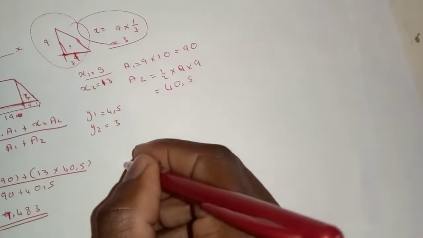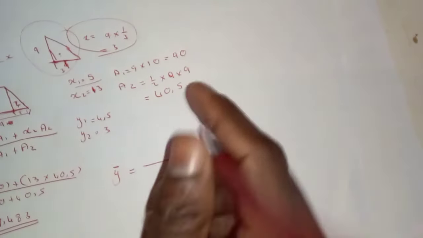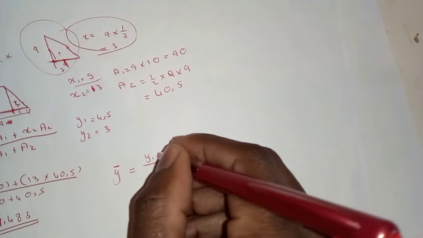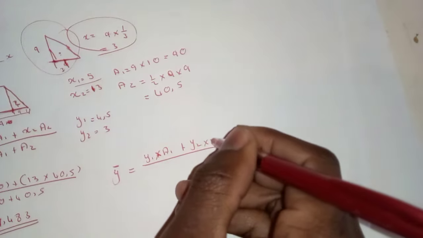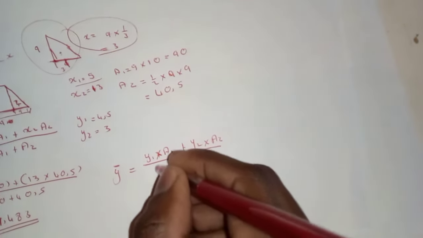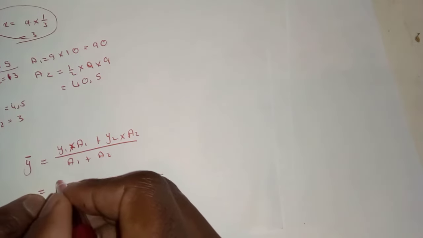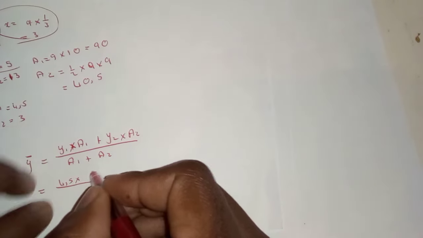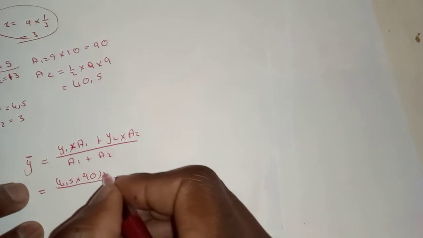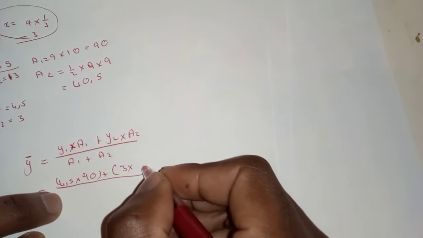We also want our y bar. Same procedure, just now we are going to replace the x with the y. It will be y1 times area 1 plus y2 times area 2, over the total area, and then we substitute. Y1 is 4.5, area number 1 is 90. We go to y2, it's 3, area number 2 is 40.5.